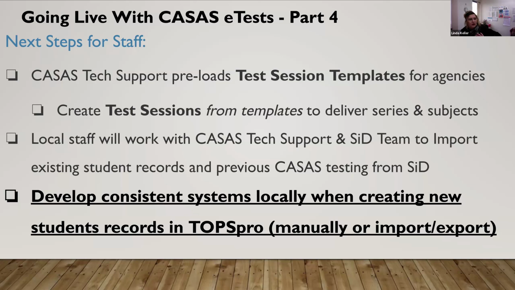But the next step would be, and these are some of the questions that we've gotten from different programs: how do I get all of the students that I have living in SID into TOPS Pro? It's called import. It's an export from SID, and it's an import that goes into TOPS Pro. It's very seamless, but there's some different steps that you'll need to take in order to do that, and CASAS tech support will work with you to do that. But there is a link in the resource document that I provided.